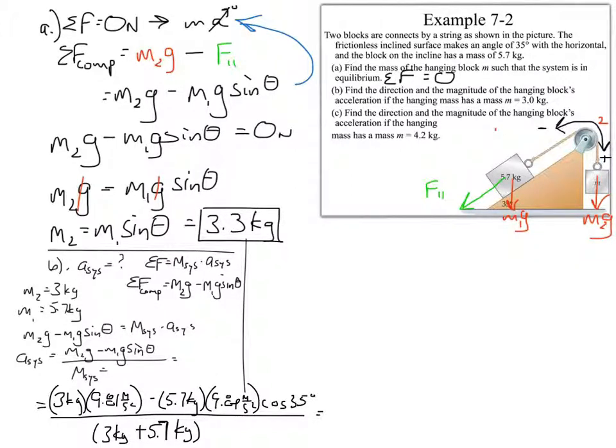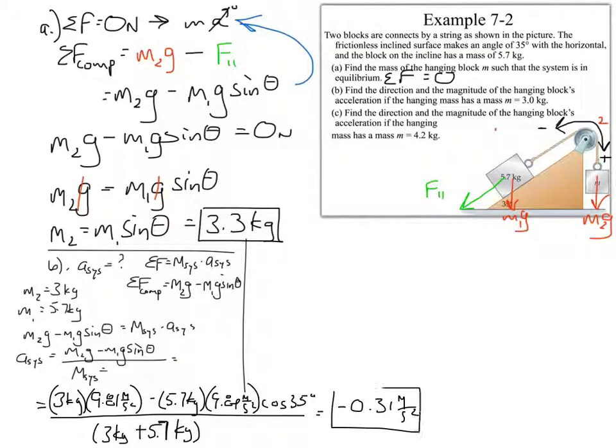So, I'm just calculating it out right now. Let's see, 5.781 divided by 8.7, I'm going to say. Sorry about that. Aha, okay, so we have a negative 0.31 meters per second squared.